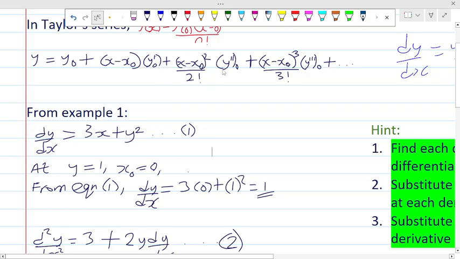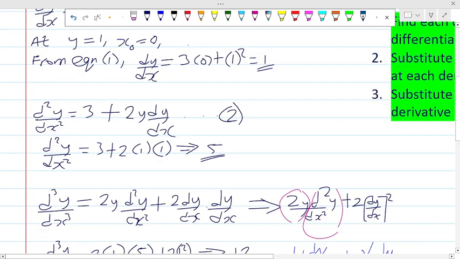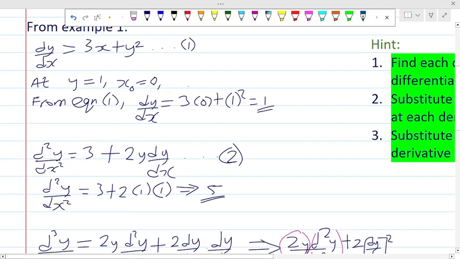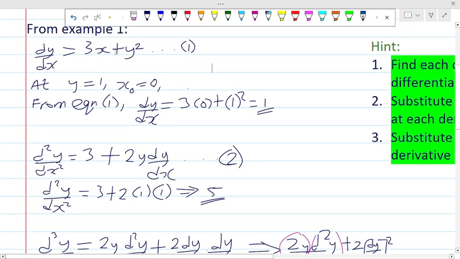So let's go for the next thing, which will be what? d squared y/dx squared, meaning you are to differentiate this guy again. So 3x, when you differentiate this with respect to x, you have 3. When you differentiate this with respect to x, now, there is no x term here, right?